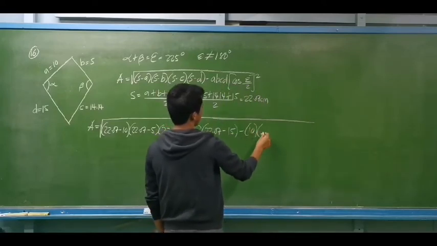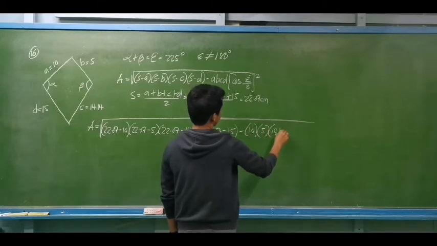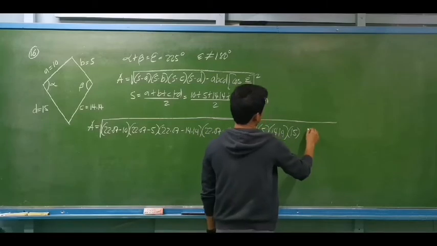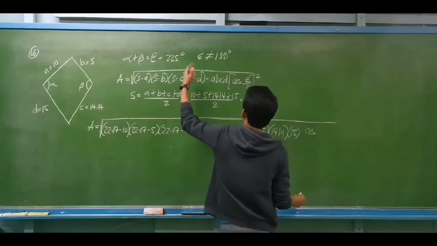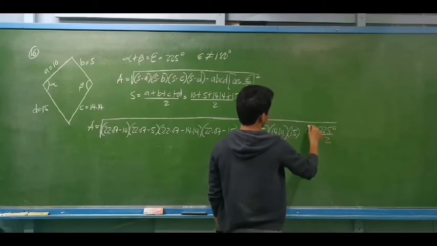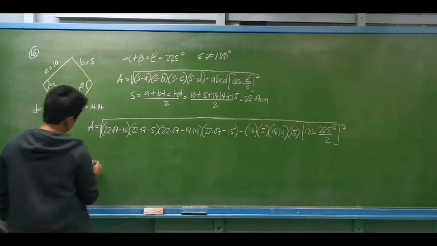This is 10. B is 5. C is 14.14. D is 15. Then, this is multiplied by the cosine of the epsilon, or the sum of the two opposite angles, 225 divided by 2. This is quantity squared.